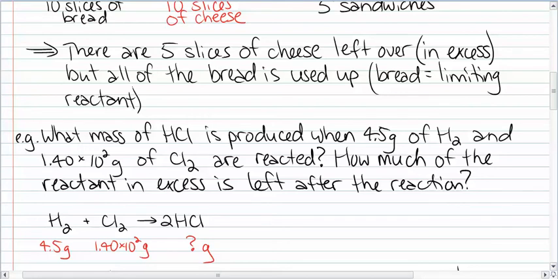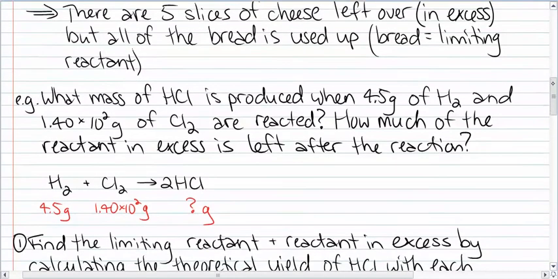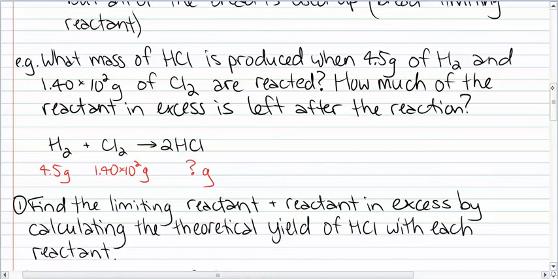So we need to look at how much HCl can be made with each of those reactants. So we're going to find the limiting reactant and the reactant in excess by calculating the theoretical yield of HCl with each reactant. So how much can we make with just the H2 and how much can we make with the Cl2?